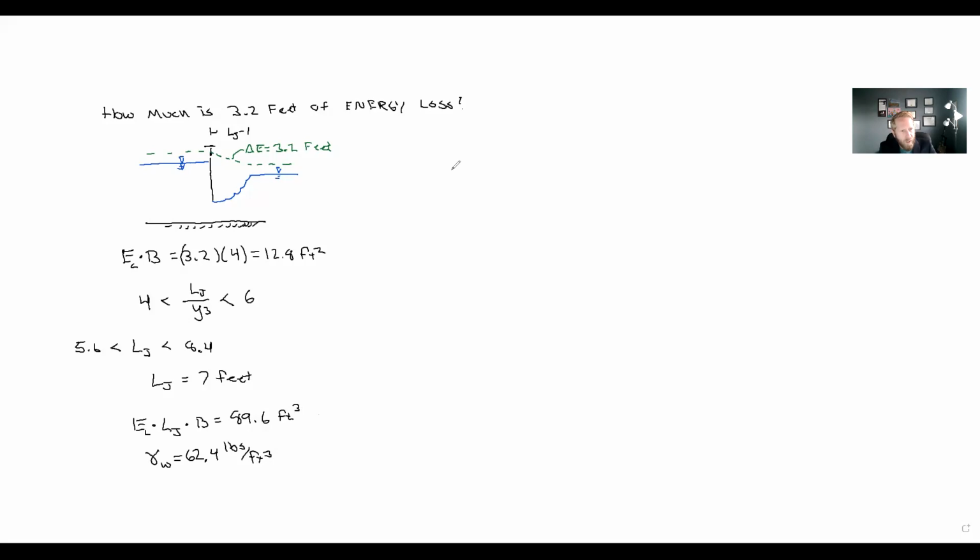You can see where I'm going now. 89.6 cubic feet of loss across the jump and the gate times 62.4 pounds per cubic foot gives us pounds, which equals 5,591 pounds of energy loss.